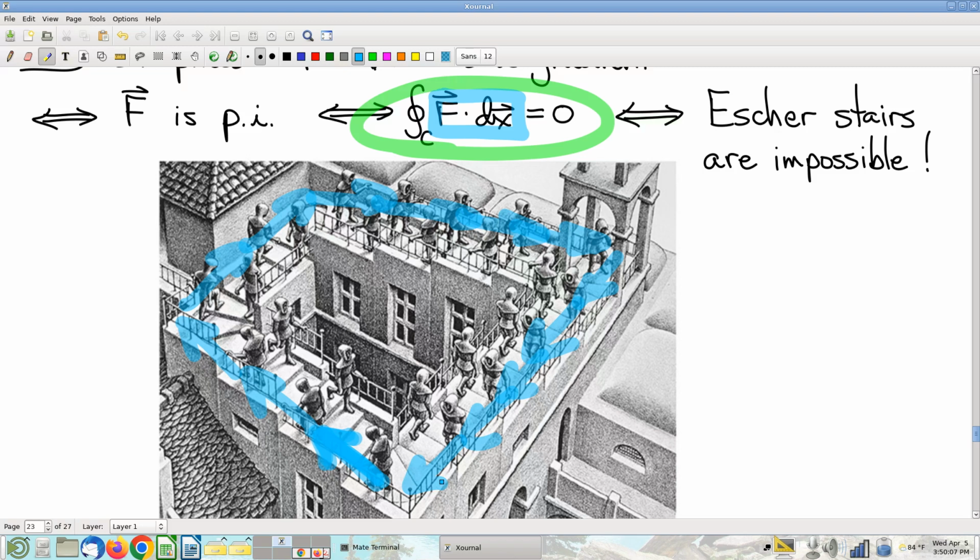So the way Escher has this drawn, Escher is making it look like all these little blue arrows are uphill, and therefore that the sum of all these f dot dx's, apparently, we're adding up a bunch of positive things. Escher's making it look like this thing's positive. But it can't be. It's a closed line integral of a path-independent vector field. It's clearly zero.